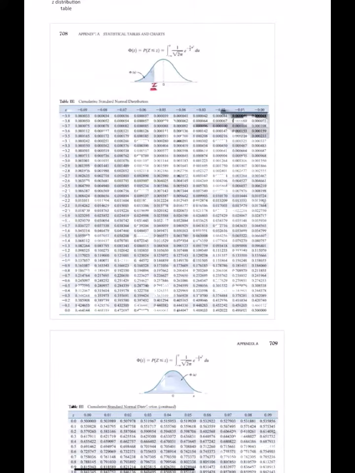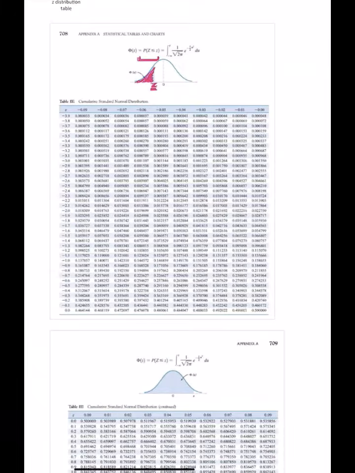And then the numbers in the table tell you the probability that your random variable is less than this value that you have in mind. So this is exactly the probability. This shaded area is what we see. Those probabilities are the ones that we see in the body of the table.